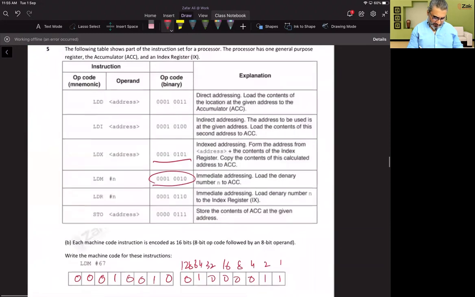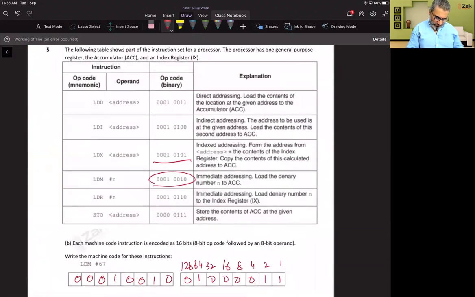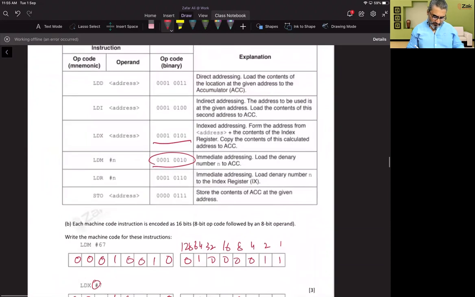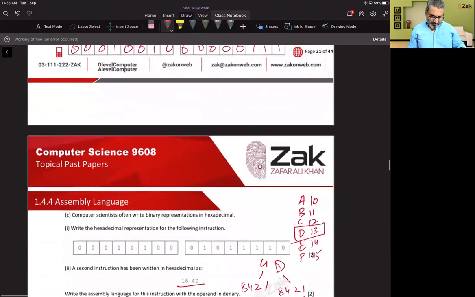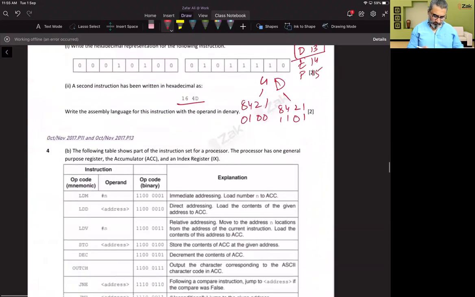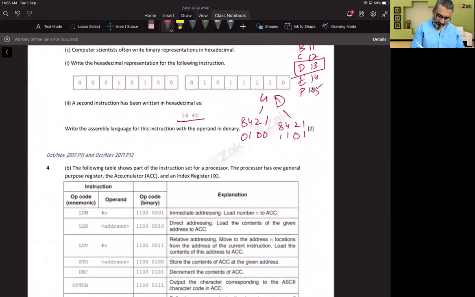You would have to check. 1, 2, 4, 8, 16. This is actually 1, 6. Sorry, this is hex. So 1, 6 would be this. This is 1. This is 6. 16 is LDR.